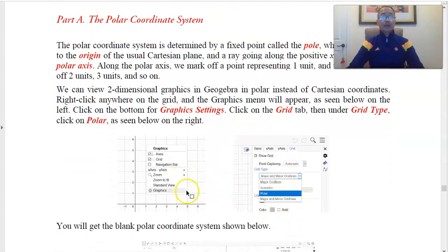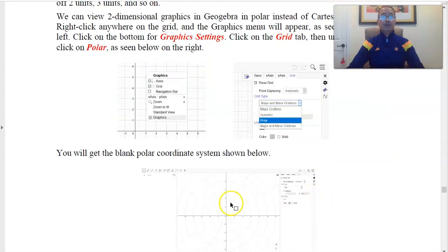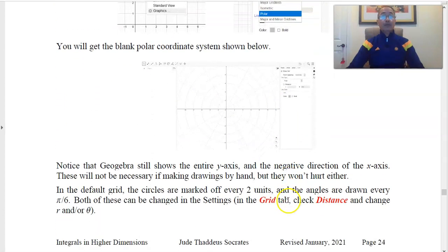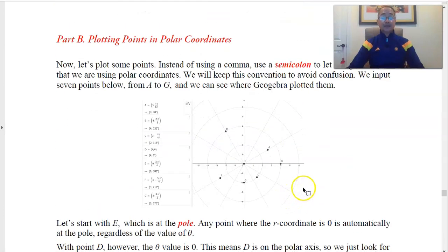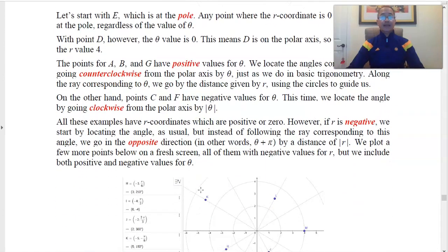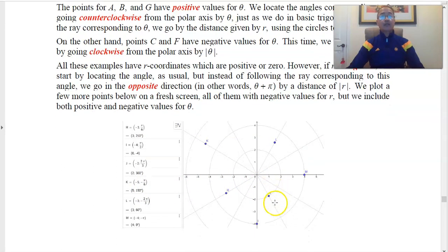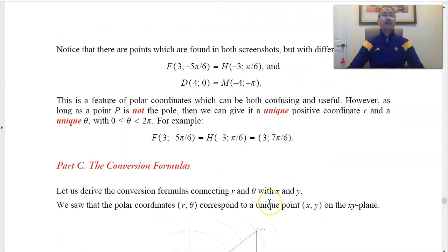We saw how to change the grid in GeoGebra so that it comes out in polar coordinates. We plotted several points, both with a positive radius and with a negative radius, okay? And of course, we learned how to plot the angles, whether they are positive or negative. We go counterclockwise or we go clockwise.